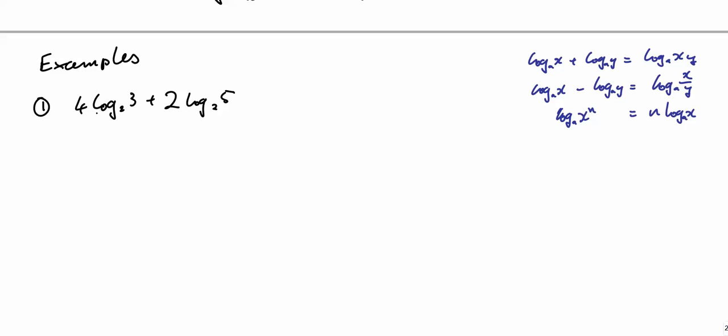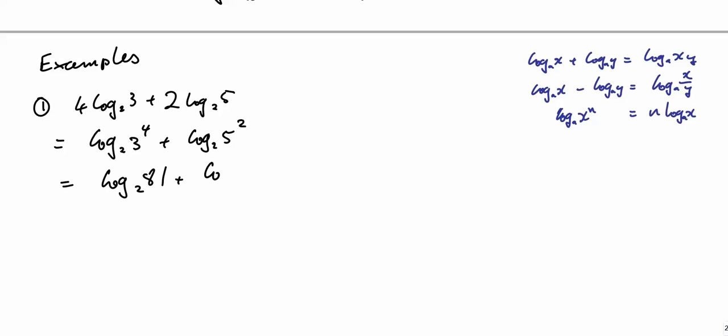So what we have to do is use the third rule in reverse. 4 log 3 is equal to log 3 to the power of 4 to base 2, and 2 log 5 is log 5 to the power of 2 to base 2. Well, 3 to the power of 4 is 81, and 5 to the power of 2 is 25.